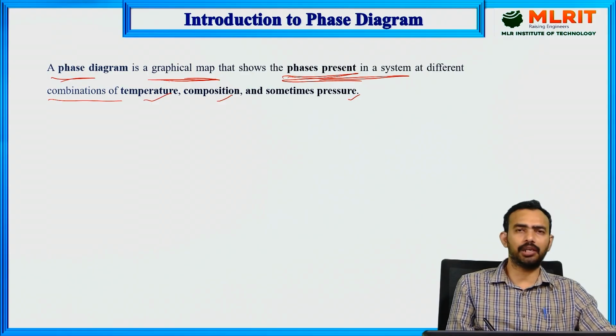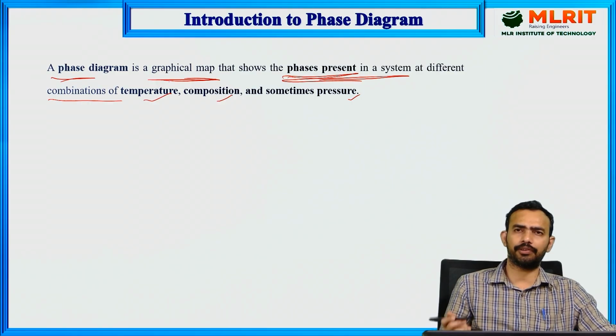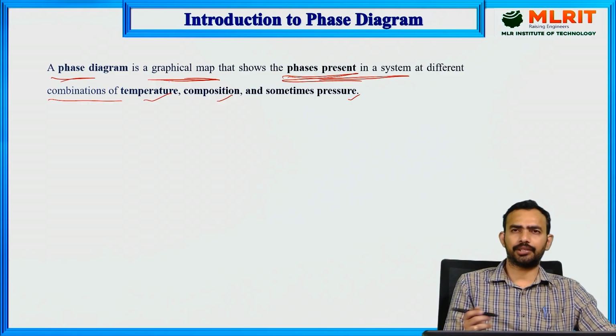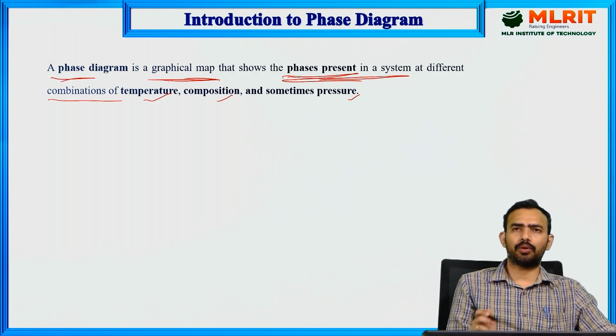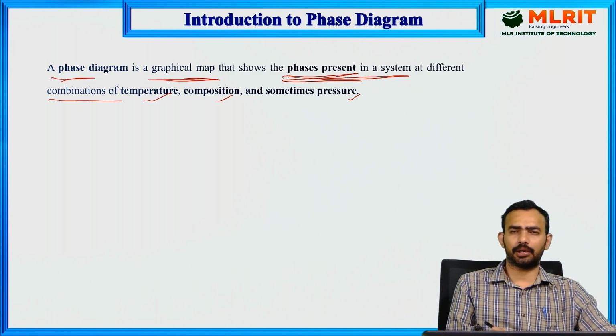It mainly shows the phases present in the system at different conditions, or different combinations of temperature and pressure, or temperature, composition and pressure together. So it is overall a graphical representation where the phases present in a system can be discussed at different conditions, like temperature, composition and pressure. That is considered a phase diagram.